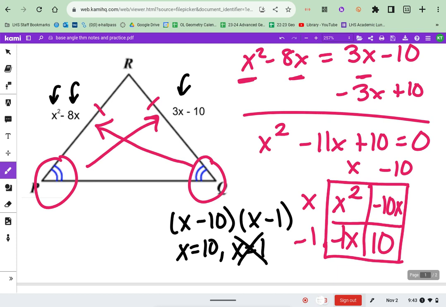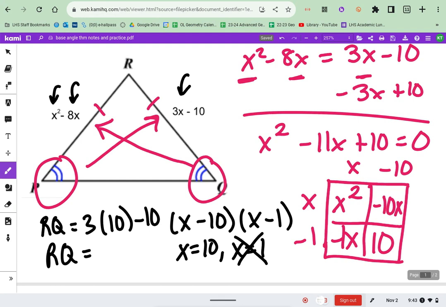So that means x equals 1 is not a good solution. So x equals 10 is our only solution, and now we will find the length of RQ by plugging it in. So RQ equals 3 times 10 minus 10. So RQ equals 20.